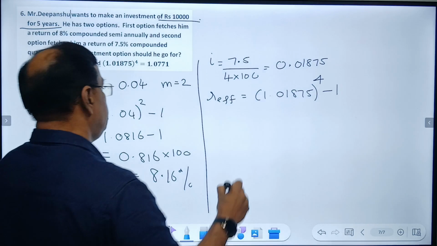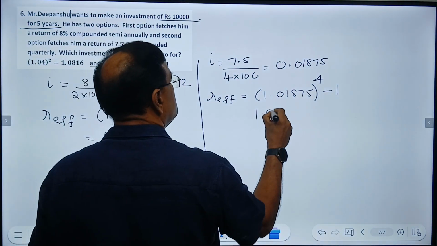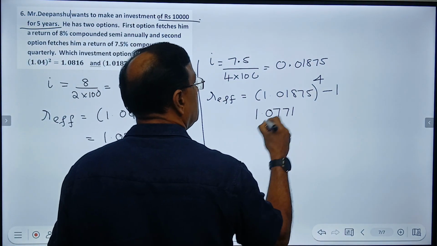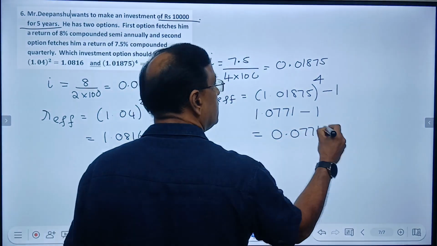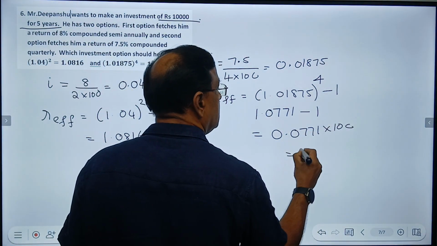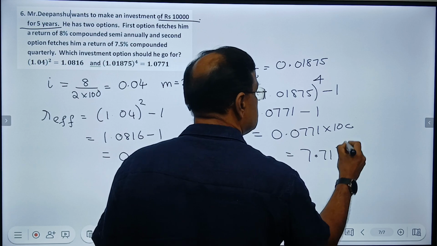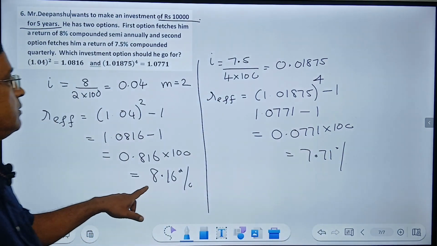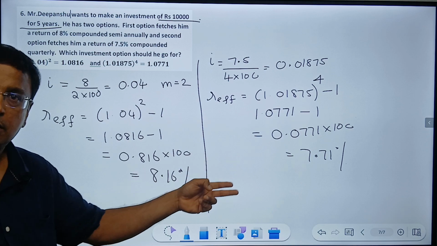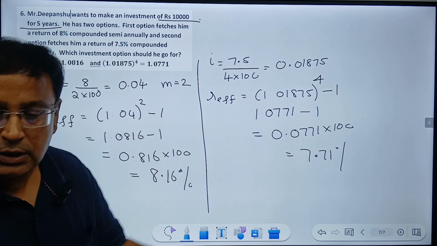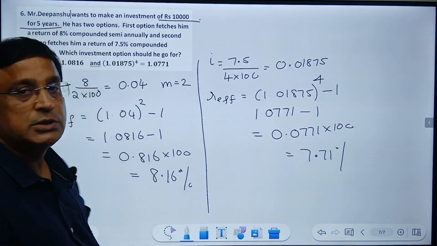That value is also given to you. 1.0771 minus 1, which is 0.0771 into 100. So what is the rate? 7.71%. So this interest rate is more than this. So the first option yields you a better return. So the answer is the first option is better.